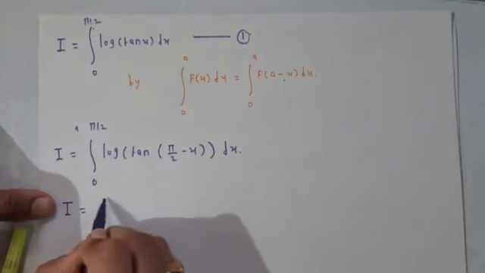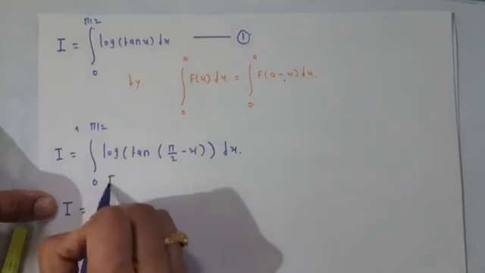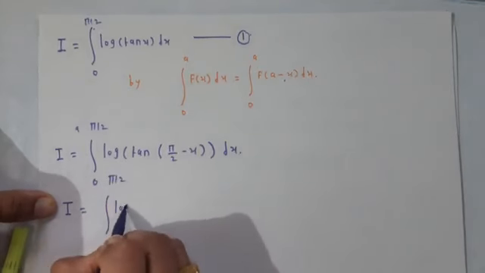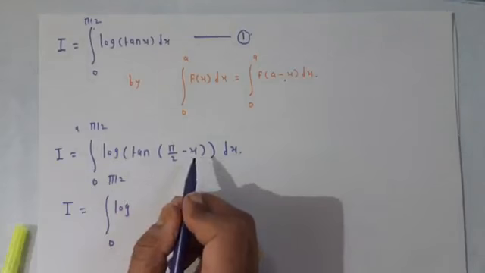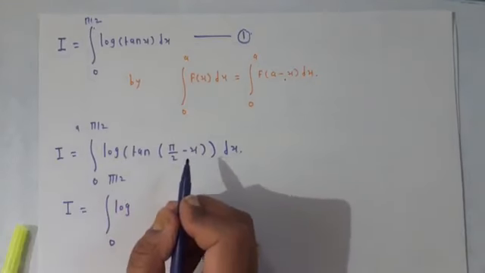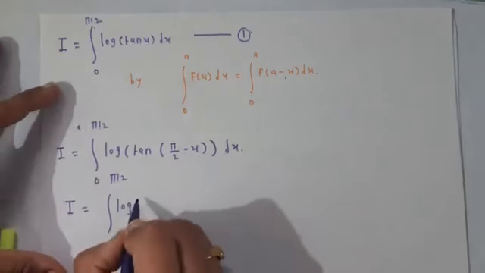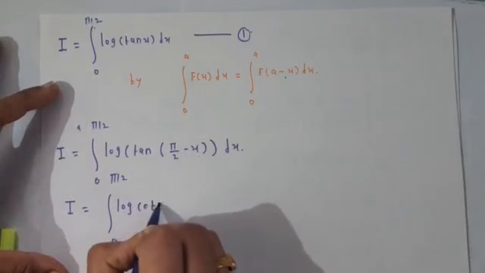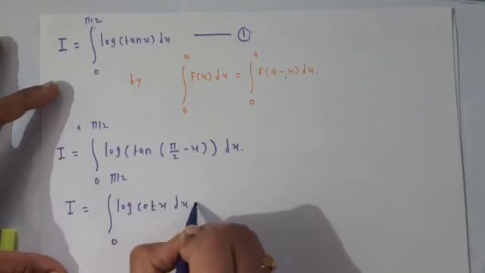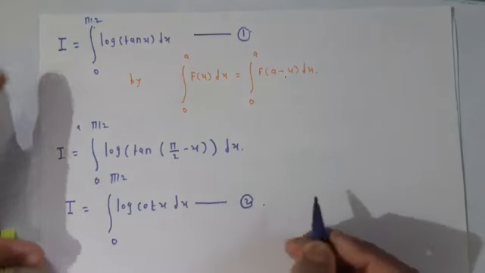Hence integration I equal to 0 to pi by 2 log of tan of pi by 2 minus x is cot x. Tan of pi by 2 minus x is cot x, and this is log of cot of x with respect to x. This is second.